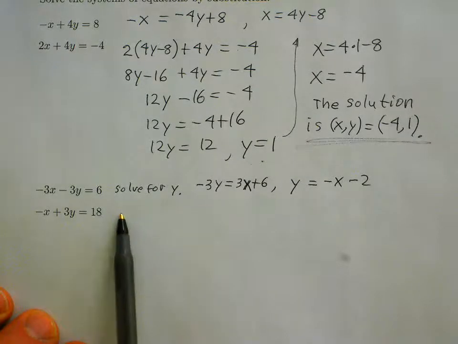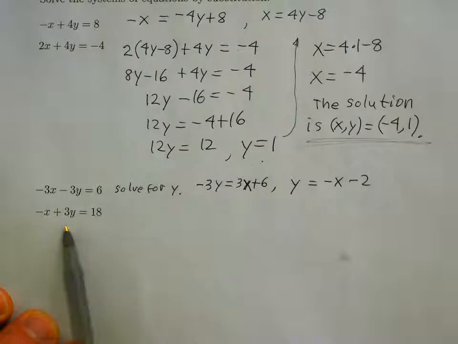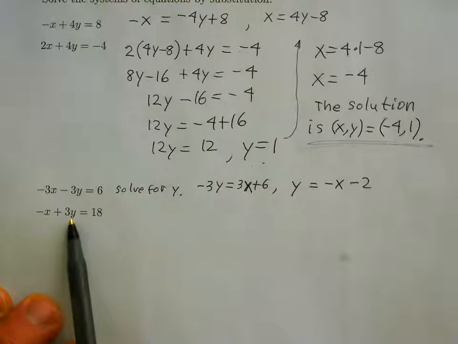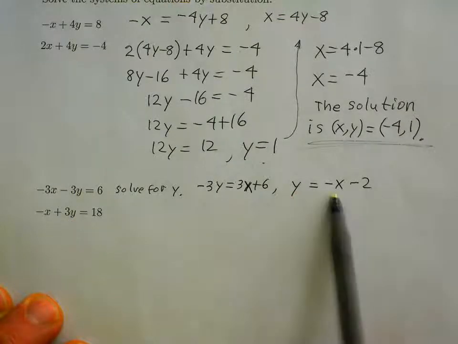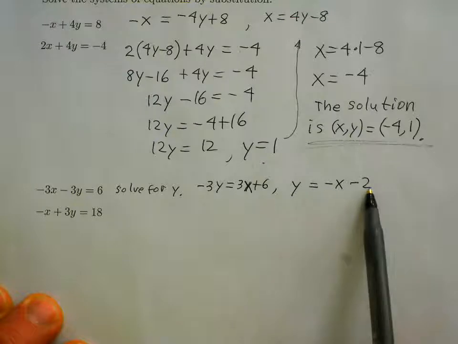Okay, now in the bottom equation, this is the substitution step. In the bottom equation, we're going to replace y with what y is equal to. Y is equal to negative x minus 2 from the top equation.